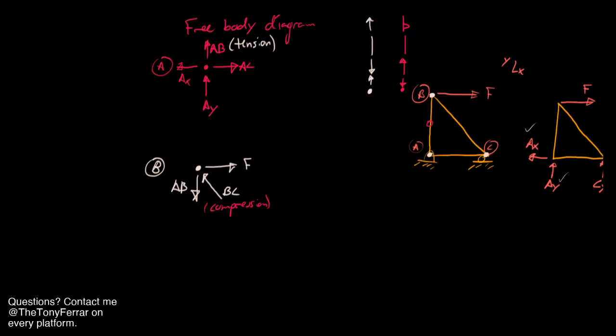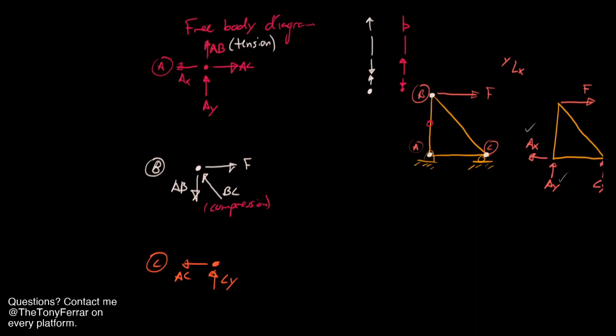We have a third free body diagram to draw at joint C. At joint C, we have the reaction force CY. We have a horizontal force AC, which we drew to the right coming out of joint A, so we'll draw it to the left, equal and opposite that way. And again, that means tension because it's pulling on the pin.